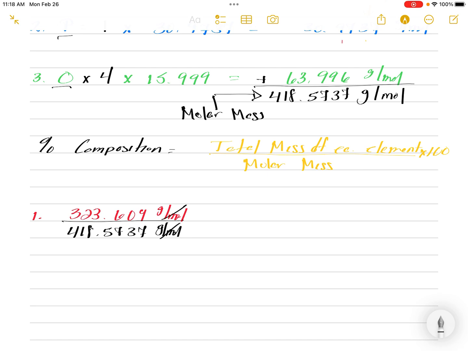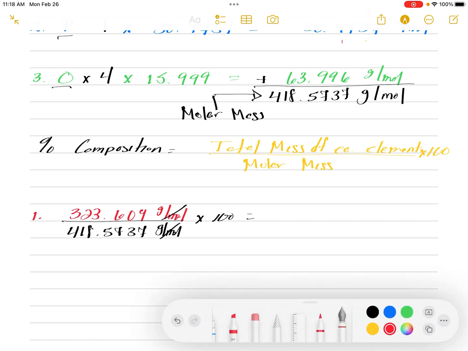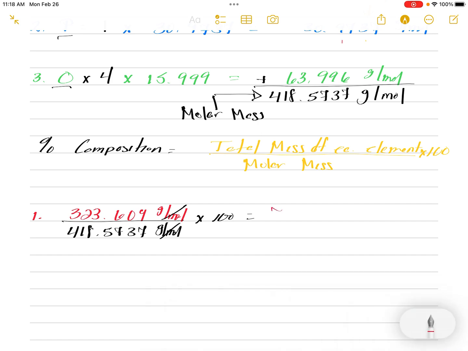These are going to cancel. And then I want to multiply that by 100. When I multiply that by 100, I'm going to end up with 77.31% of silver. So silver occupies 77.31% of the whole compound.